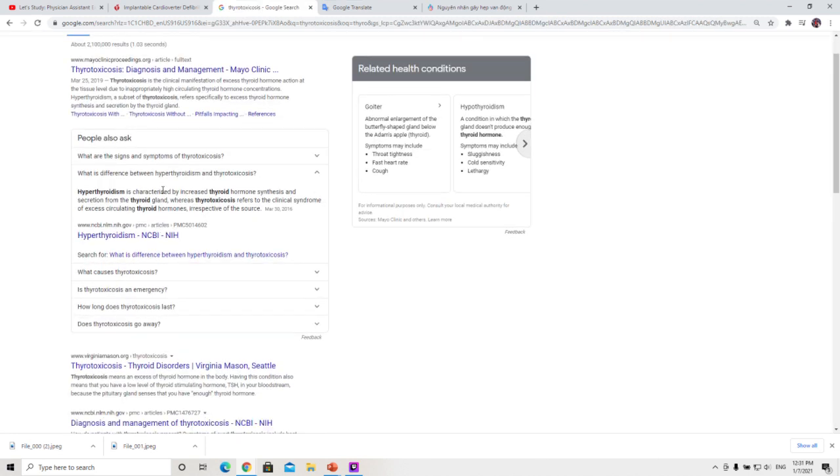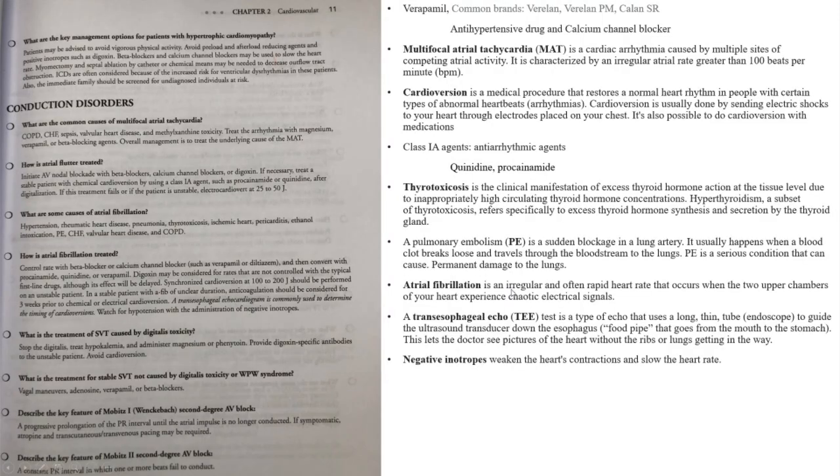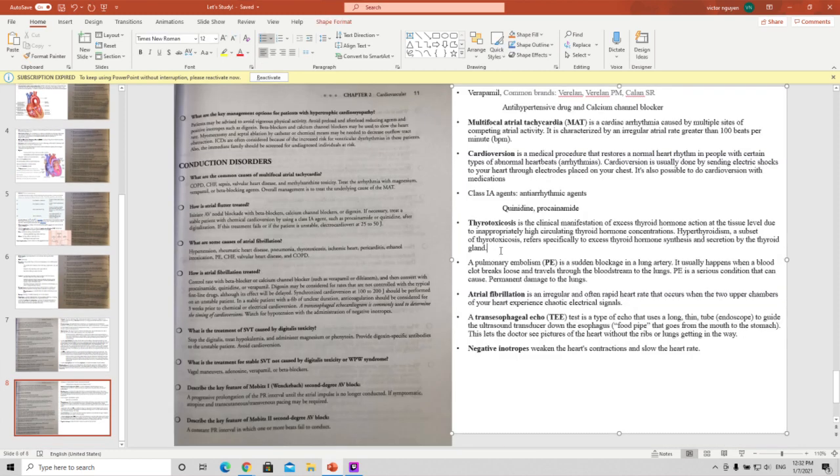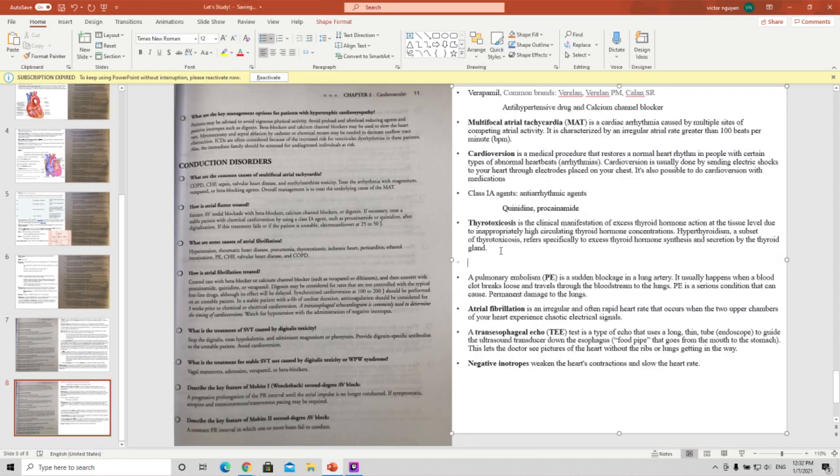Hyperthyroidism is characterized by increased thyroid hormone synthesis from the thyroid gland, whereas thyrotoxicosis is a clinical syndrome of excess circulating thyroid hormones, irrespective of source. I should add this one, the definition. Okay, I'm gonna add this one.